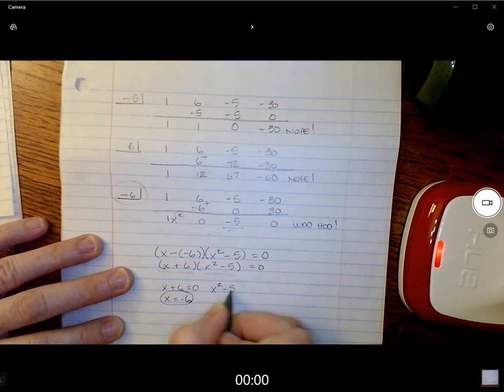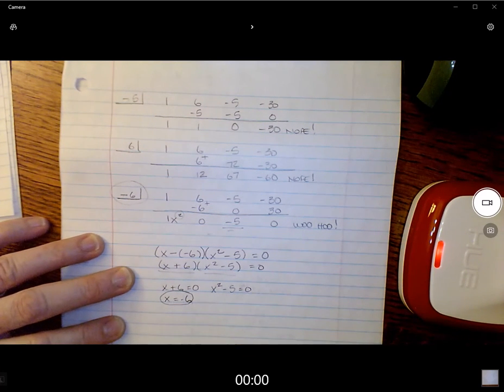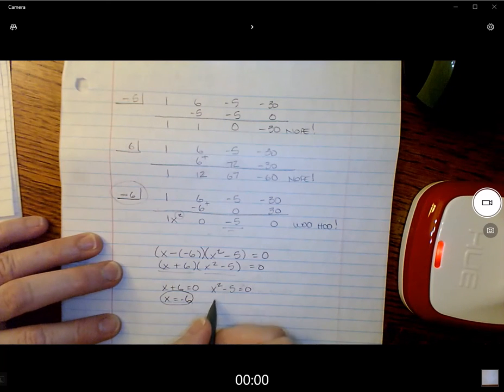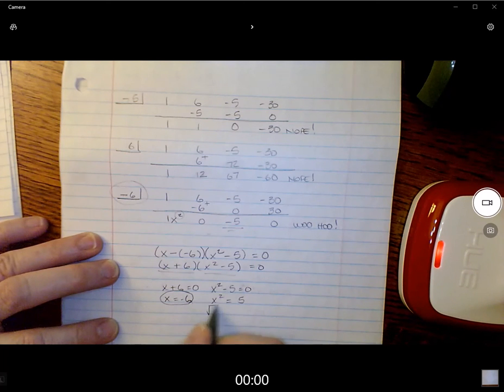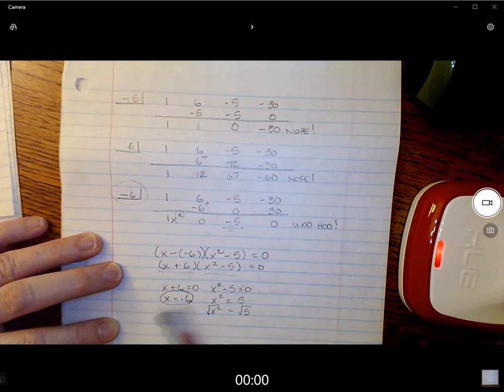X squared minus 5 equals 0. We want to set that to 0. X squared equals 5. And so then the square root of x squared equals the square root of 5, right? And that, of course, is the same thing as x.